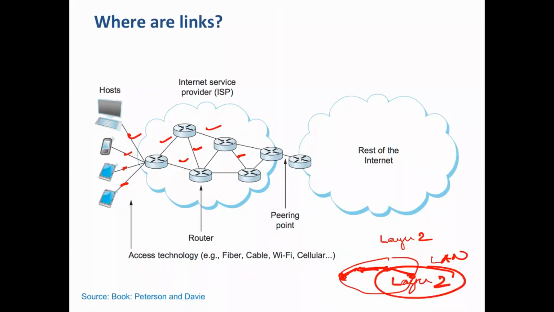So there's no use of IP for packet transmission inside a LAN. Remember this point. We'll come to LAN a little later, but LAN is a layer 2 technology, right? Within a LAN, one machine can communicate with another machine without going through the IP protocol.